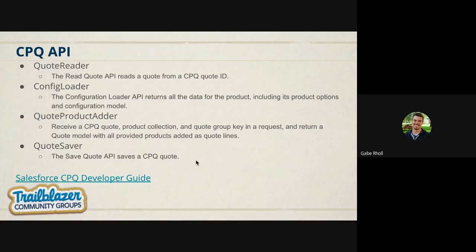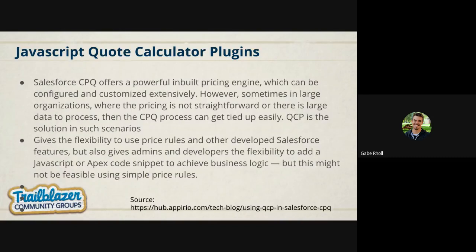Could go on to the next slide. Okay, and then finally, I got a few extra bullets on there. The JavaScript quote calculator plugins are available to you if you are running the calculation service, to modify items about the way that the pricing is calculated. Sometimes you have pricing requirements that are in excess of what is available to you through CPQ.